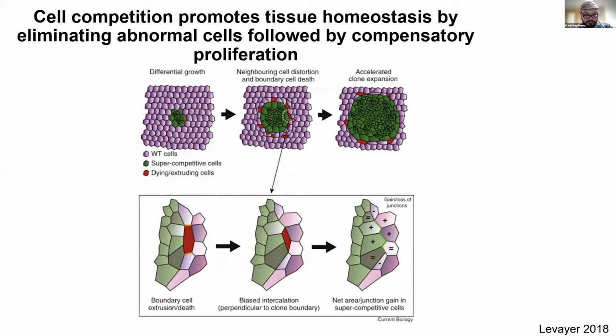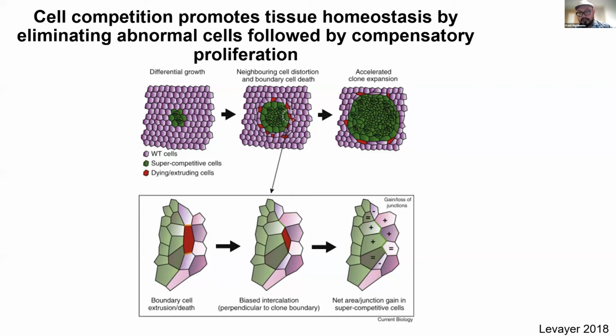And as shown in this example, where the abnormal cell is highlighted in red, there's extrusion that happens, but there's an elegant choreography of remodeling of stable junctions in order to allow for compensatory proliferation to take place and seal up that gap.